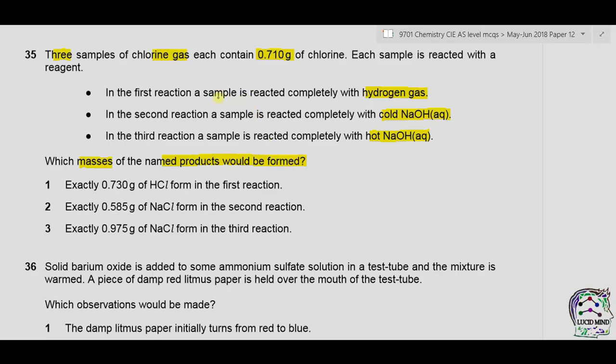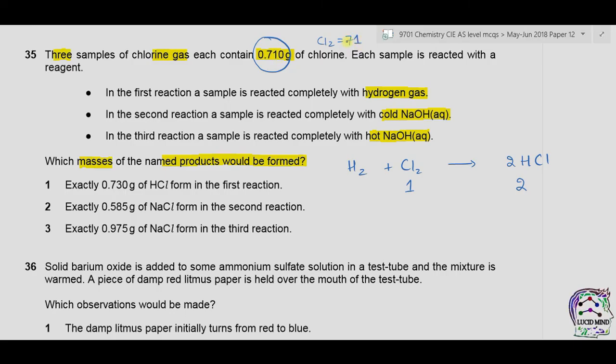Let's first write the balanced chemical equation. For the first reaction, we have hydrogen gas and chlorine gas. It will form HCl. Now we can see that in the balanced equation 1 mole of chlorine forms 2 moles of HCl. Now we can find the moles of chlorine by using this mass, and the molecular mass of chlorine is 71.